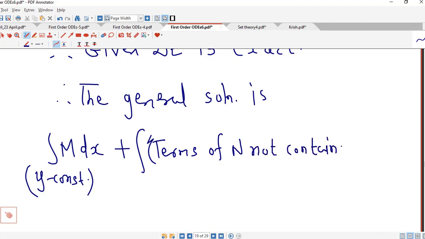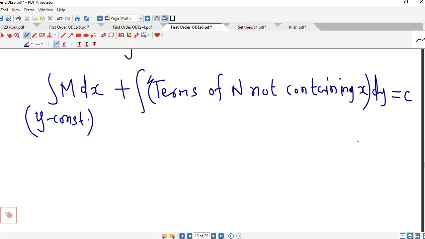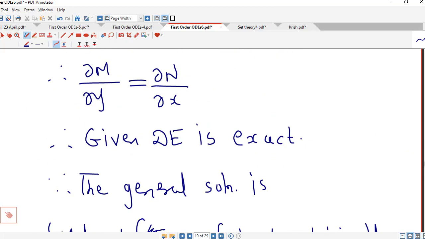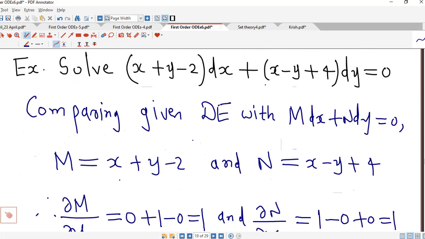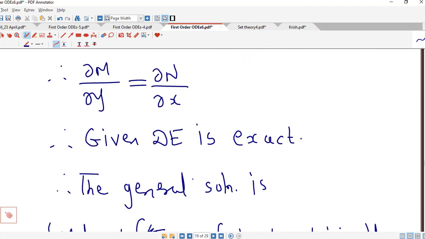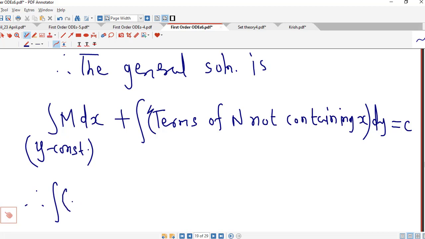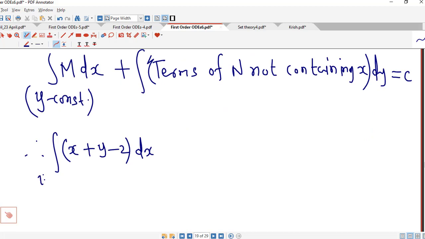Terms of N not containing x, integrate those terms with respect to y equal to c. Therefore first we write down what is capital M. It is x plus y minus 2. So we will integrate x plus y minus 2 considering y as constant.